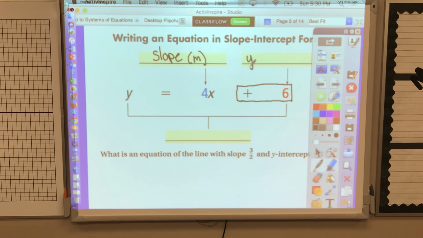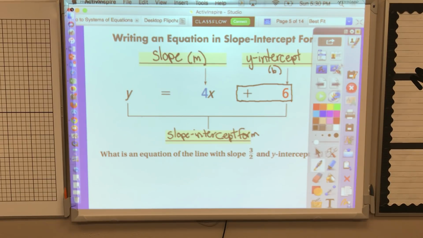So our y-intercept is a positive 6, which in the equation form is the letter b. y equals mx plus b is slope-intercept form. In this form, the only things you need are m and b.